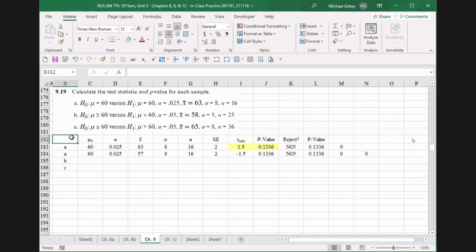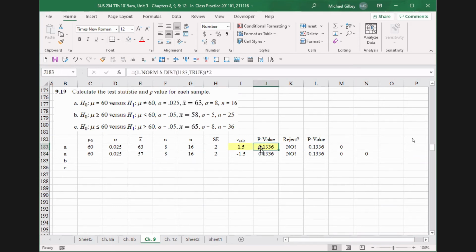So again, I can't overemphasize this. When you have a two-tailed hypothesis test and you're computing a p-value, you've got to pay attention to whether your sample mean or your sample statistic is above your hypothesized value or below it, because that affects how you calculate the area.